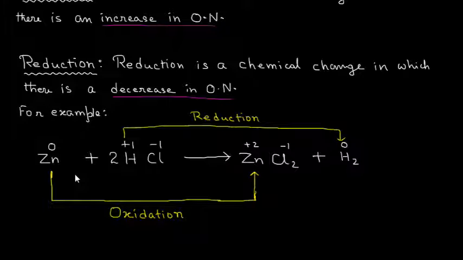So here there is an increase in oxidation number, so it is oxidation. On the other hand, for hydrogen the oxidation number is decreased from plus 1 to 0, so it is a reduction.